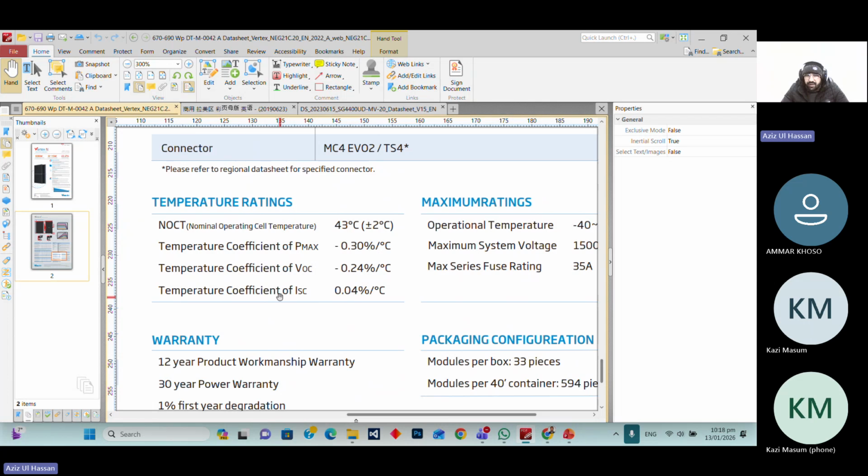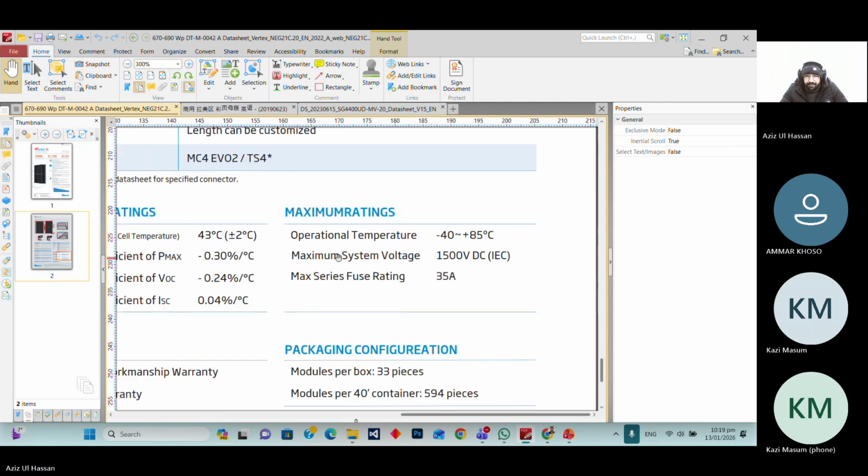And then the coefficient of ISC. Negative means that when the temperature goes down, your power and voltage will rise, because they have opposite behavior, but your current will decrease. When the temperature goes up, your voltage and power will go down, but your current will increase.